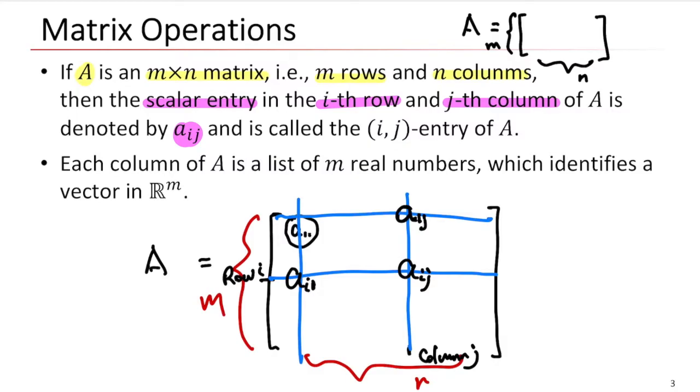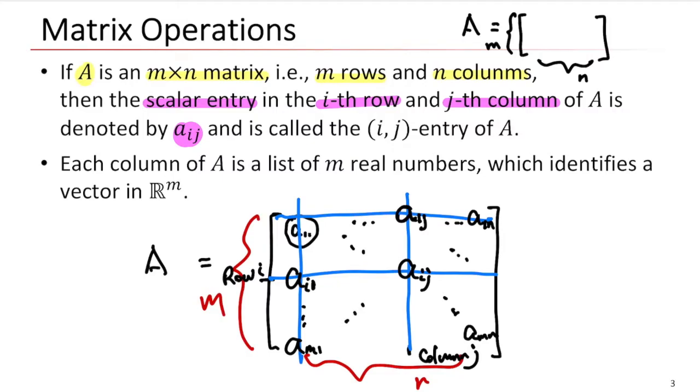Finally, the last row and last column should be amn. So some arbitrary matrix can be represented something like this. It's very intuitive, right?